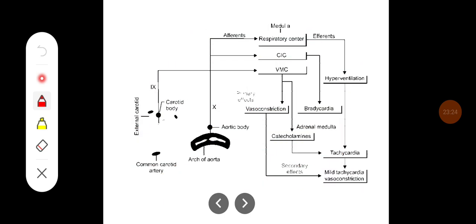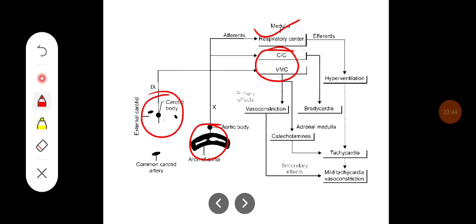Okay, so this diagram shows the chemoreceptor activity, where they get stimulated from the aortic body and the carotid body, and they mainly affect the respiratory center, the vasomotor center, as well as cardiac inhibitory centers.